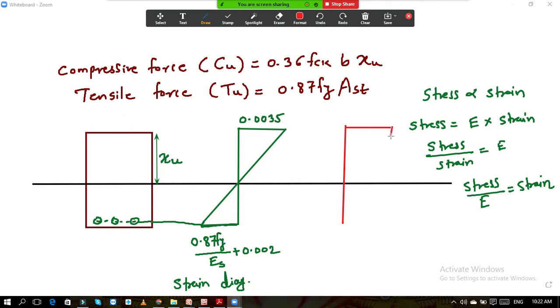Up to a certain distance it is straight line, and after that it is parabolic. This is the parabola. Okay, and at this point somewhere, if you project this point on the strain diagram, here you will get the value of strain. It is 0.002.